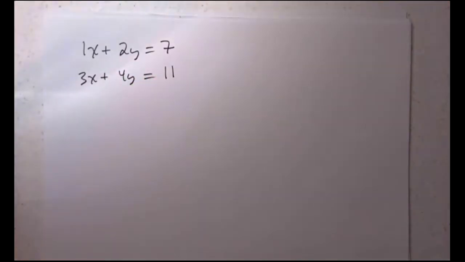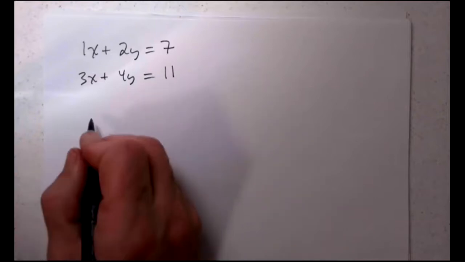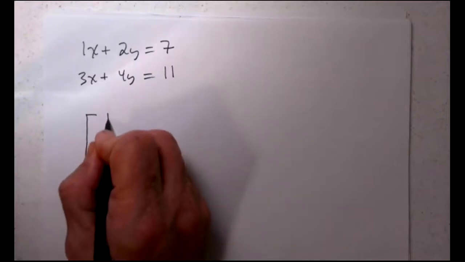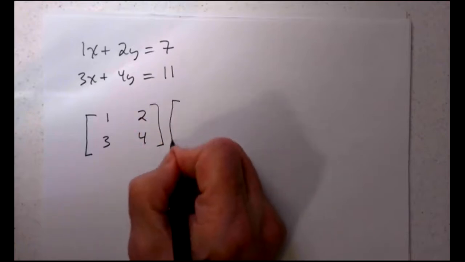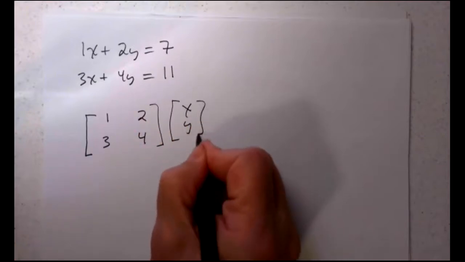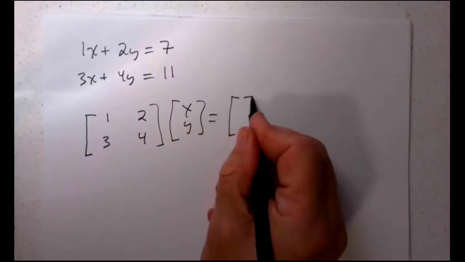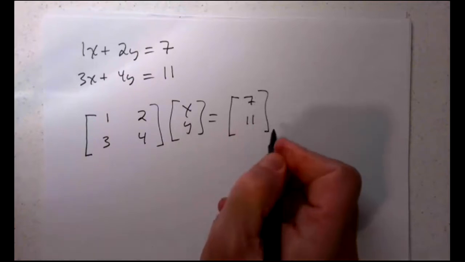Well, we're going to rewrite this as a matrix equation. It's going to look like this: 1, 3, 2, 4, times x, y, equals 7, 11.